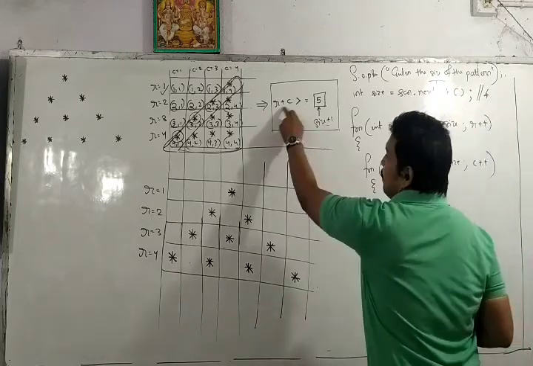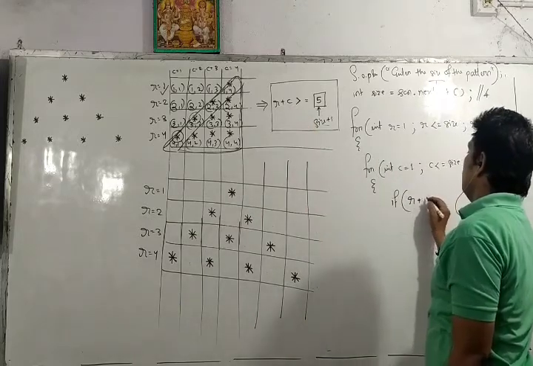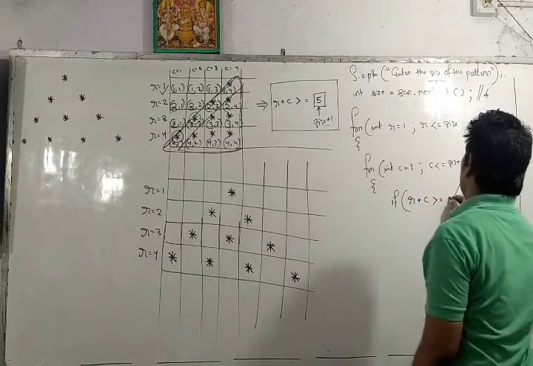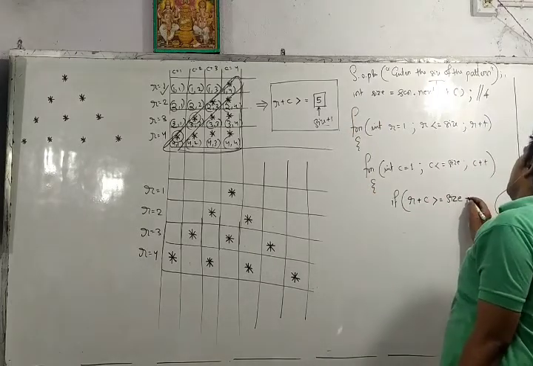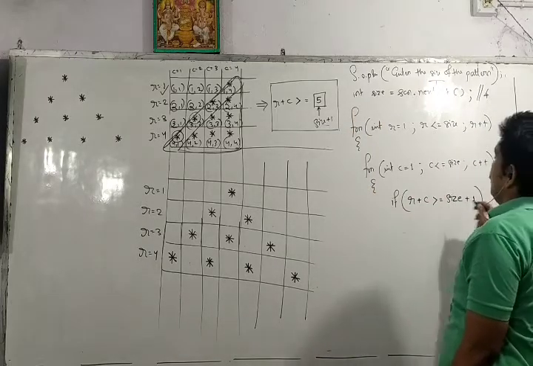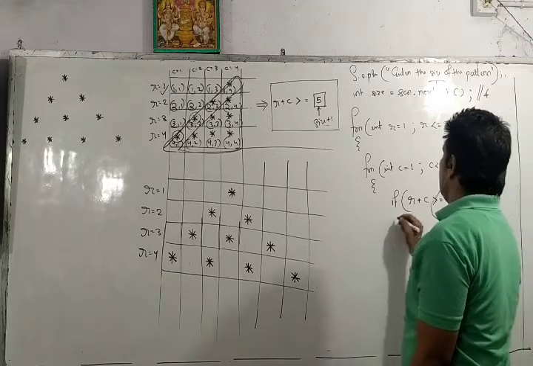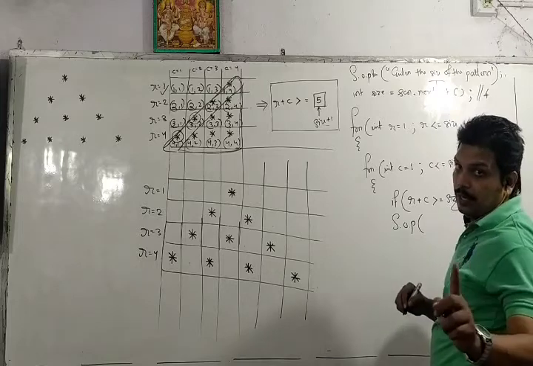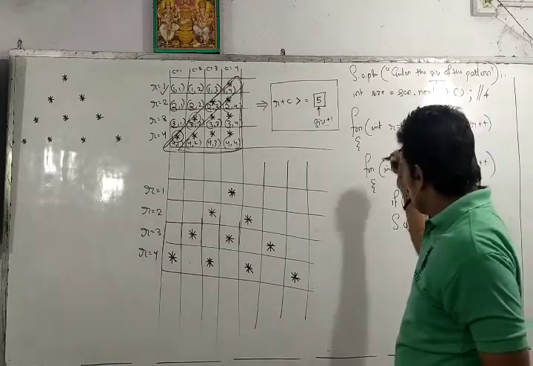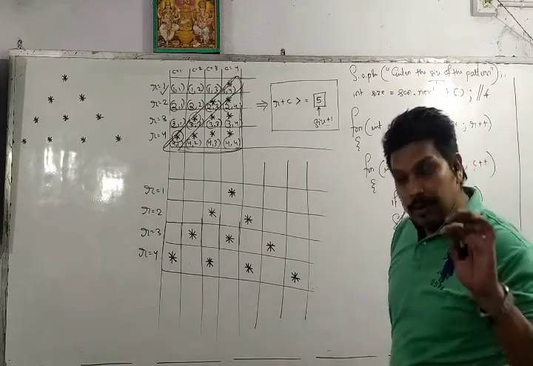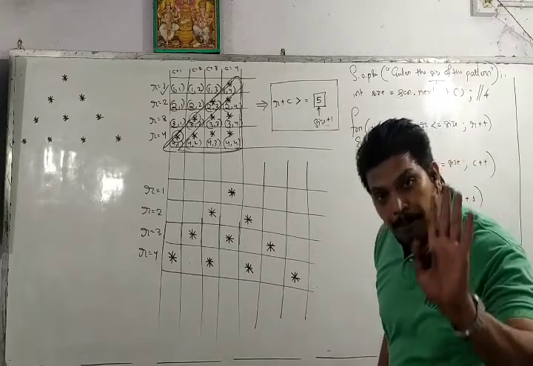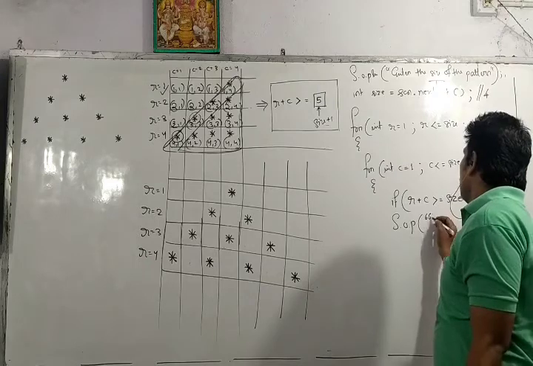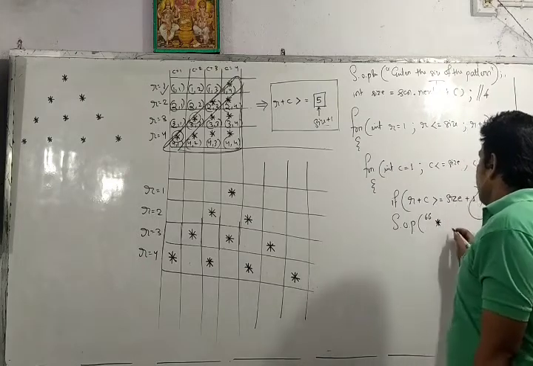If r plus c is greater than or equal to 5, where 5 means size plus 1. If this condition is true, then we will print with System.out.print, not println. In pattern programming, within the body of the inner for loop, we use System.out.print, not println. So with System.out.print we will print one star and one space.